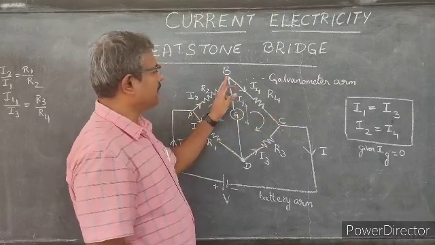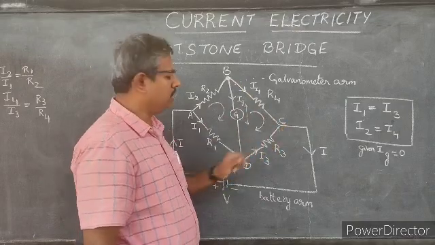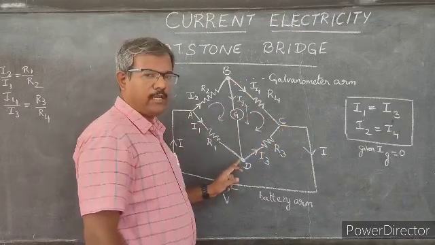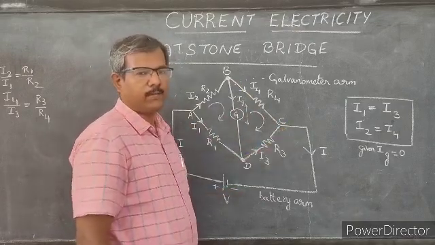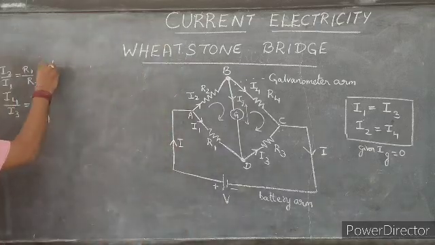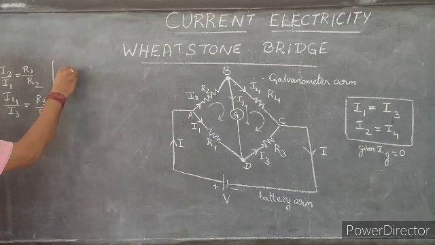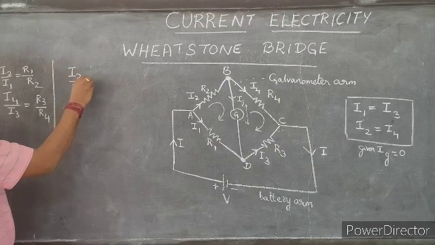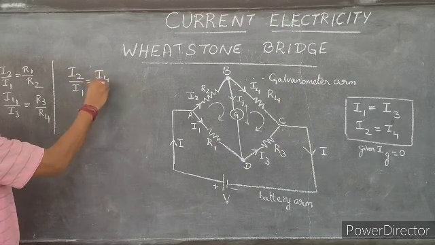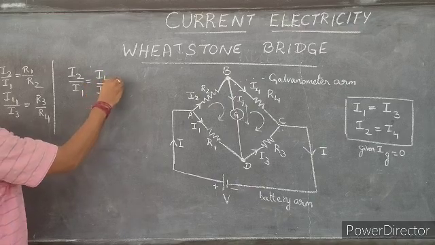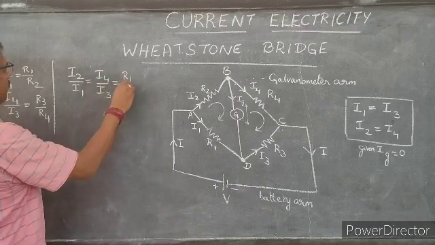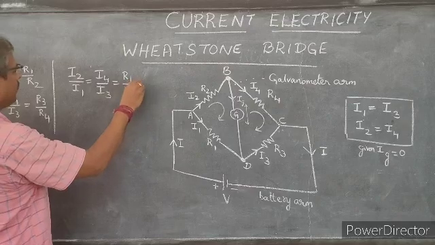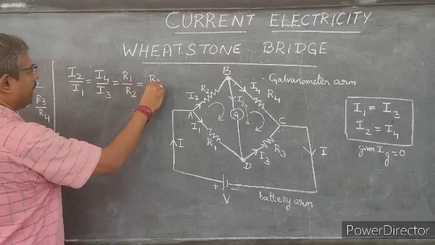The current flowing through this arm is the same as the current flowing through this arm. The current flowing over here is the same as the current flowing over here. So that leads us to a simple conclusion, that's I2 by I1 equals I4 by I3, which is equal to R1 by R2, which is equal to R3 by R4.